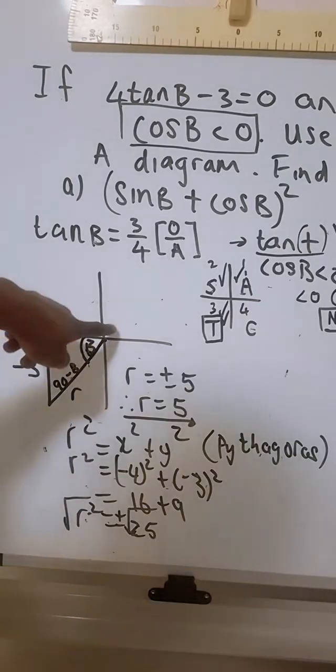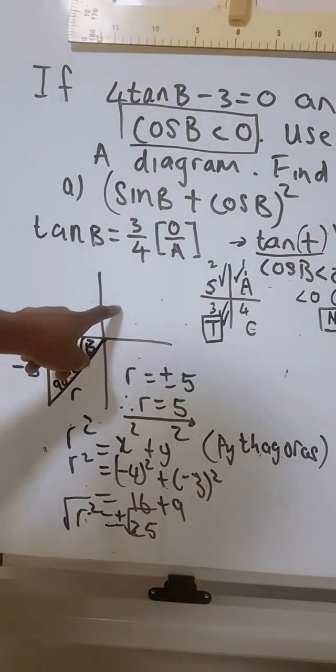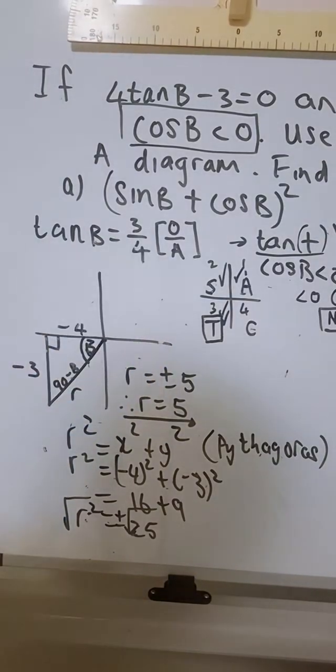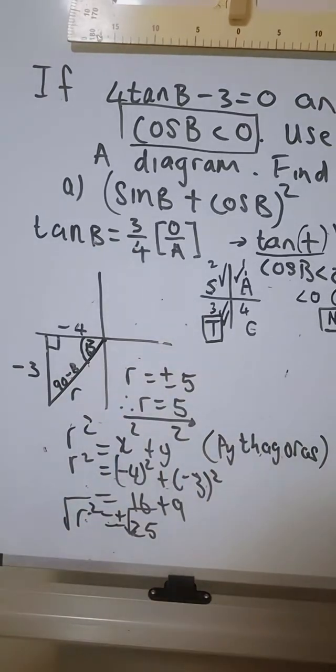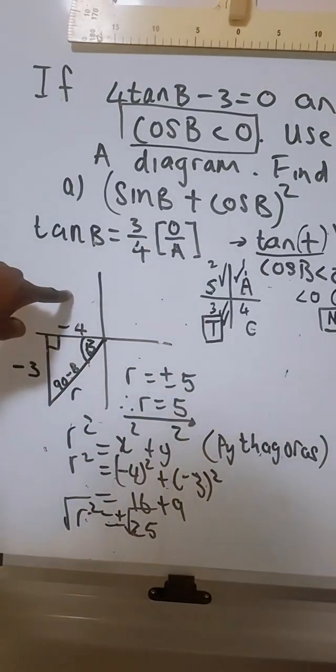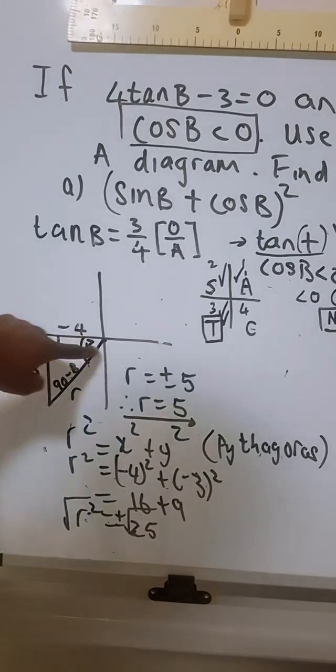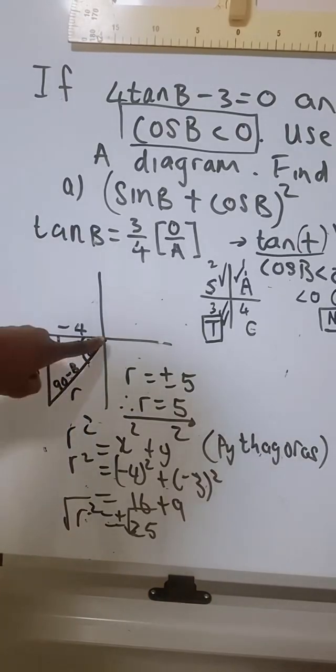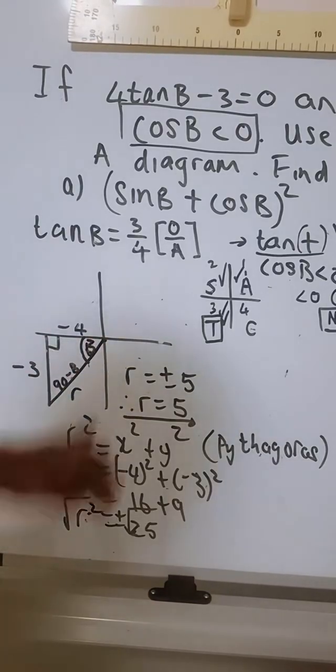If our diagram was in the first quadrant, y and x are both positive. R, like I said, is always positive. If we're in this quadrant, the x is negative, the y is positive.